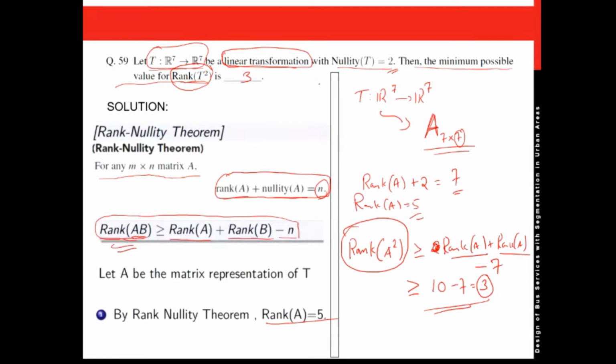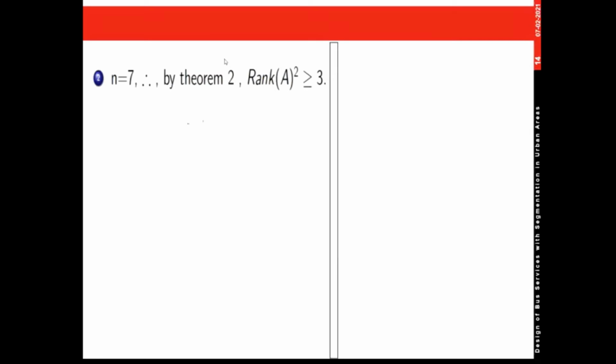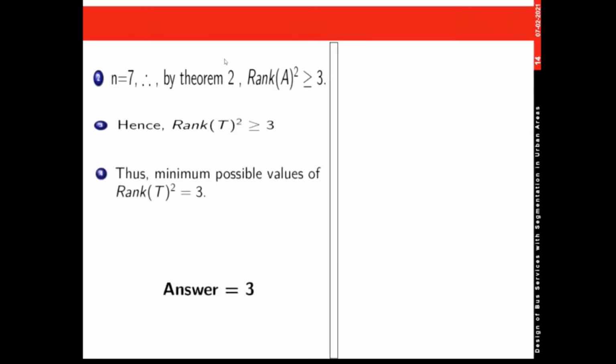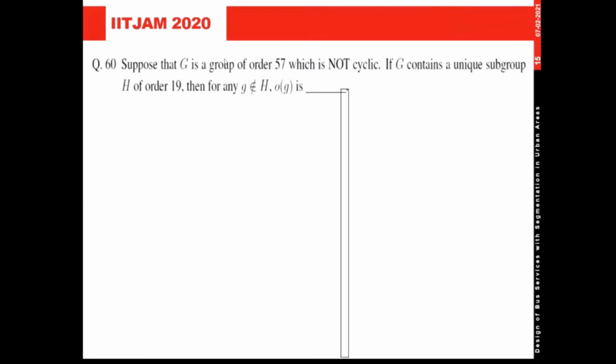In any exam like IIT JAM, GATE, UGC NET, there must be a problem related to the rank-nullity theorem or to linear transformations and matrices. That is a very nice question, so let us move to another.